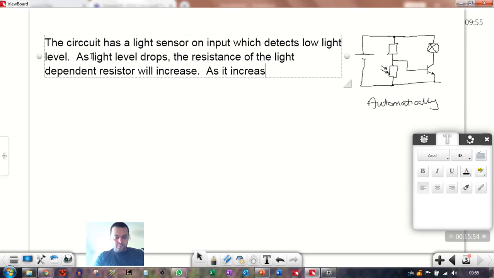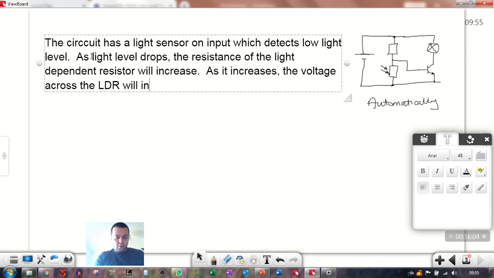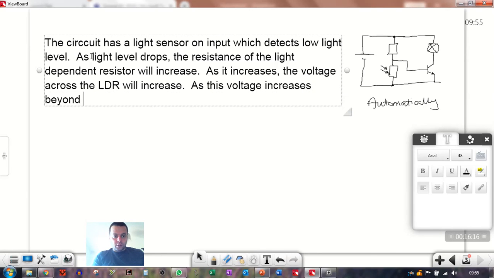As it increases, the voltage across the light dependent resistor will increase. As this voltage increases beyond 0.7 volts, the transistor will saturate.